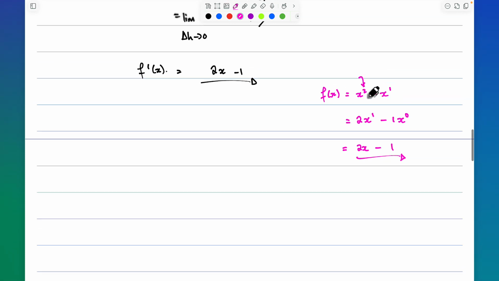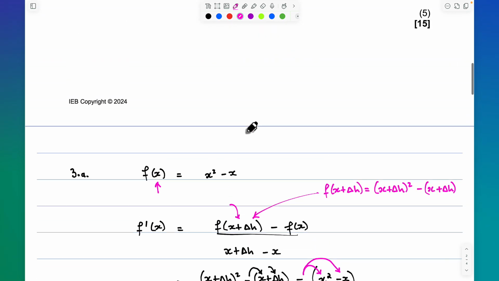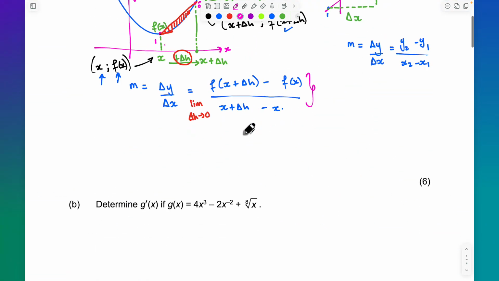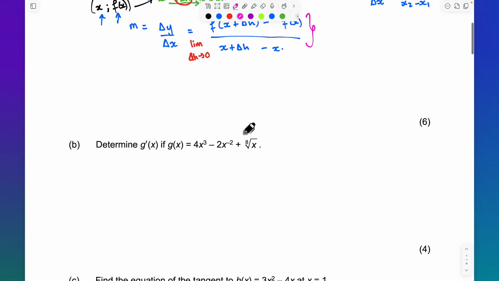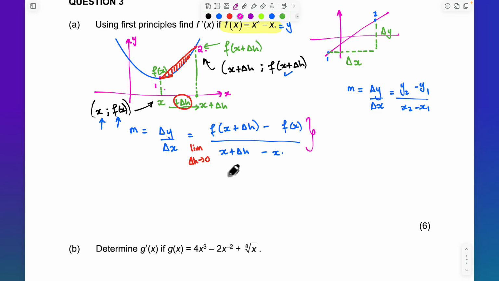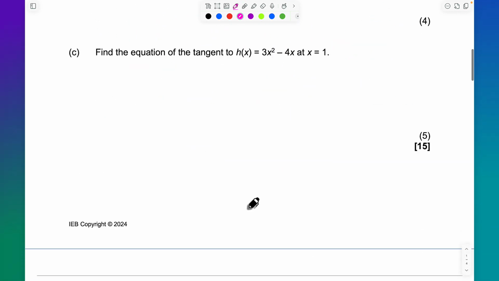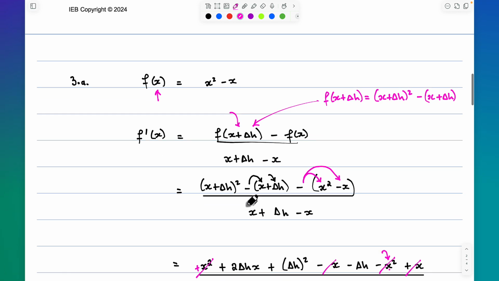So the good thing is we can always check if our answer is correct using other methods. But the thing you need to remember with first principles is, yes, I've explained where this comes from, but as long as in your exam you can apply that properly. Usually the mistake comes in when you put this x plus delta h and you apply it wrongly, right? It's very easy to make a mistake there.